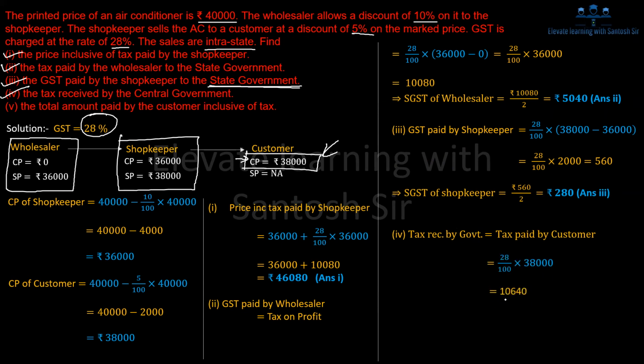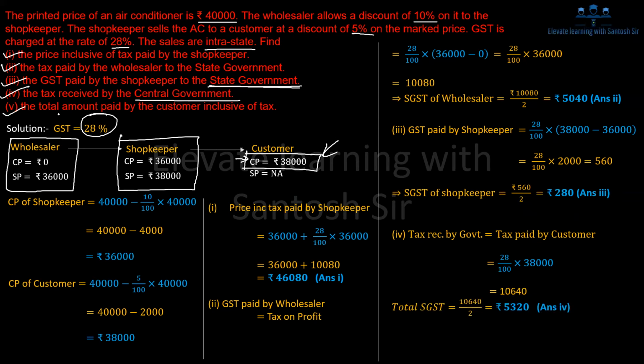So total tax paid by the customer is 10,640. It means total tax received by government is 10,640. But the question is asking about total tax received by central government. So we will divide this value by 2 to get the total CGST, which is 5,320 rupees.